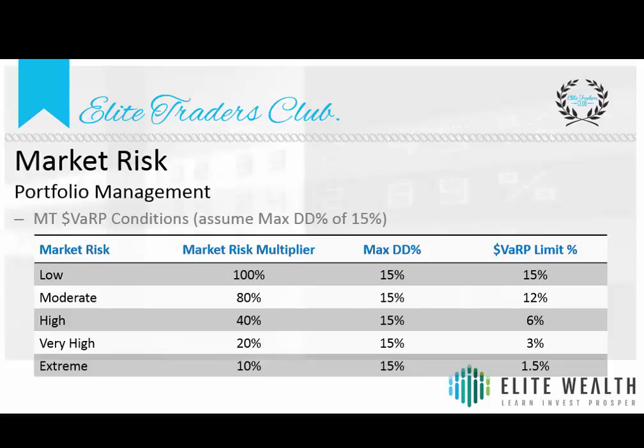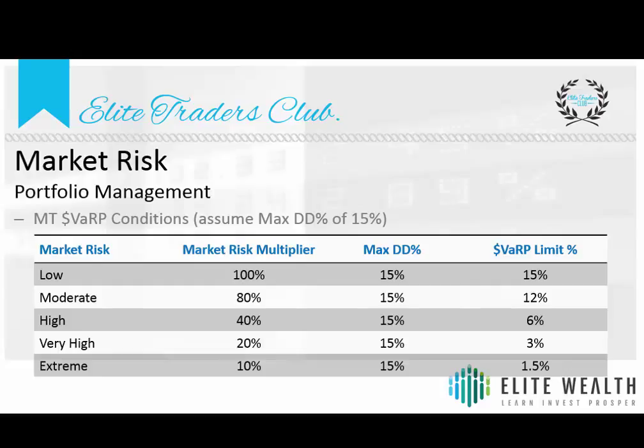Now, as market conditions deteriorate, it makes sense for us to keep an eye on our current value at risk. It's a little bit like when you're driving down the road. If you notice that the conditions are starting to deteriorate, i.e. it starts to rain, it's starting to get very, very dark, the road surface goes from bitumen to gravel, etc., you'd be silly to keep driving at the same speed that you were when those driving conditions were good.